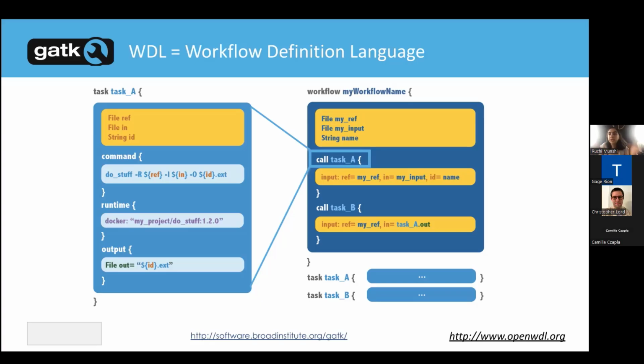That's the real reason it exists, because there are a lot of existing pipelining languages that take things like Python that let you write workflows. And it's great if you already know how to write Python, you already know how to write workflows. So WDL is trying to solve that problem. If you're familiar with Nextflow, it's also a human-readable language that is trying to solve the exact same problem. And I think there must be a slew of other ones that exist, but those are the two that I'm most familiar with.